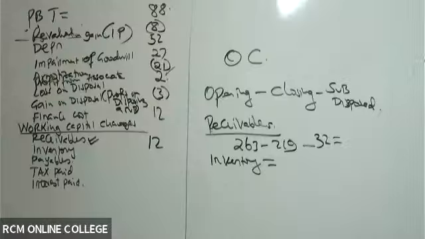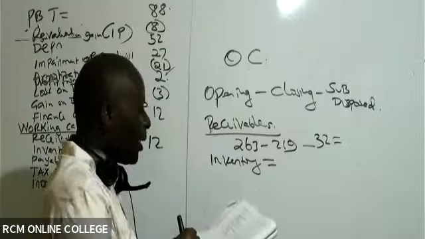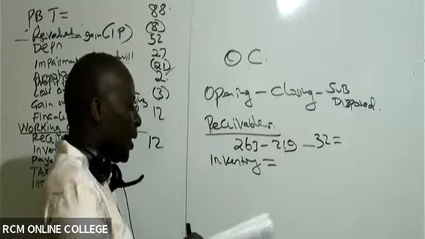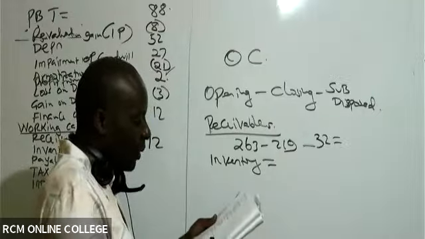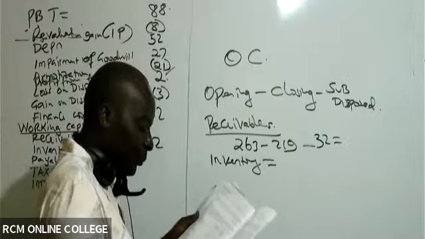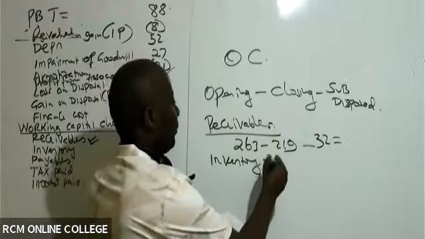Inventory, it's about opening minus closing minus the subsidiary disposed. So in inventory opening, is there somebody who is able to see inventory under current assets? How much do we have there? Yeah, 201, 256.